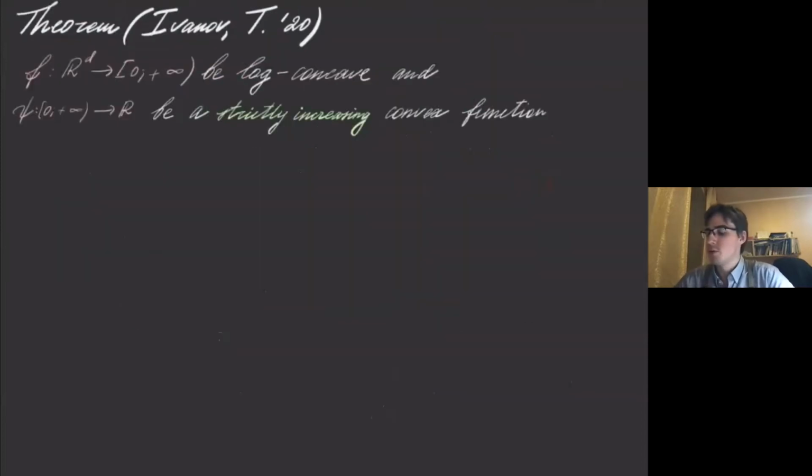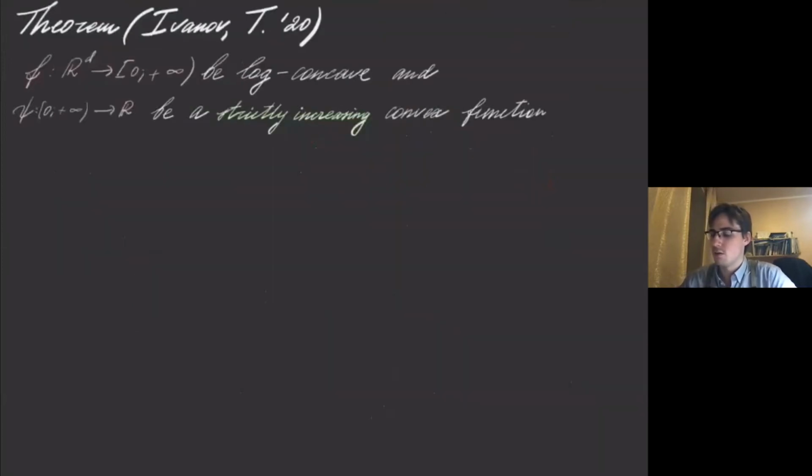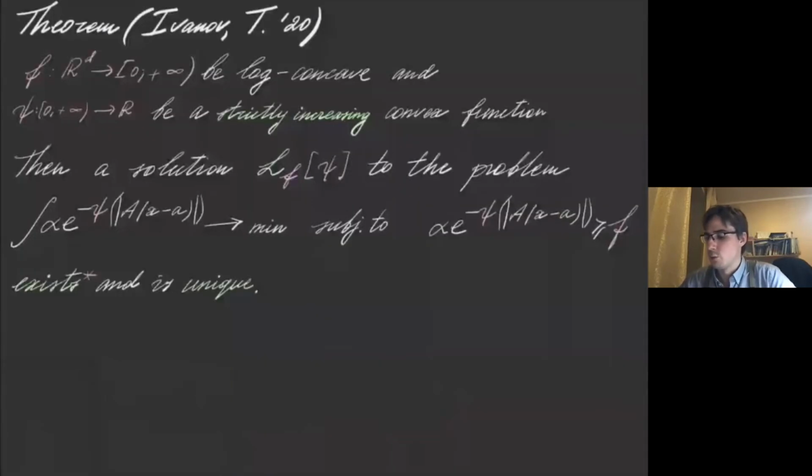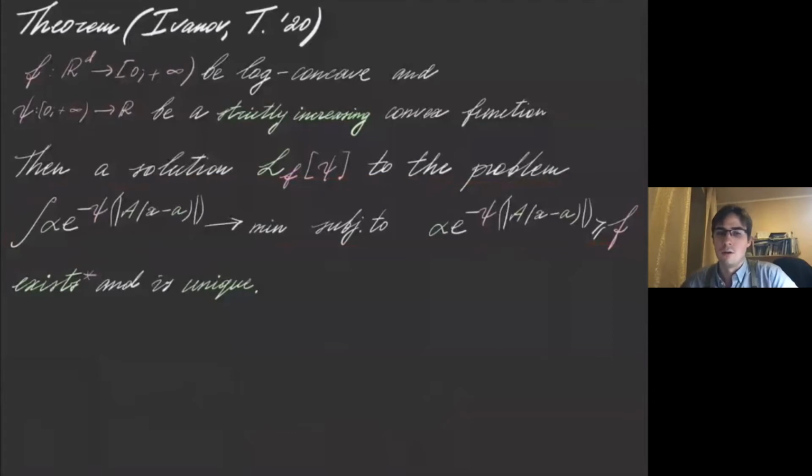Well, this optimization problem of looking for this covering affine position, the solution to this problem exists if, for example, the function psi is a strictly increasing convex function. So the solution to this optimization problem is what we call the Löwner function of your log-concave function f.